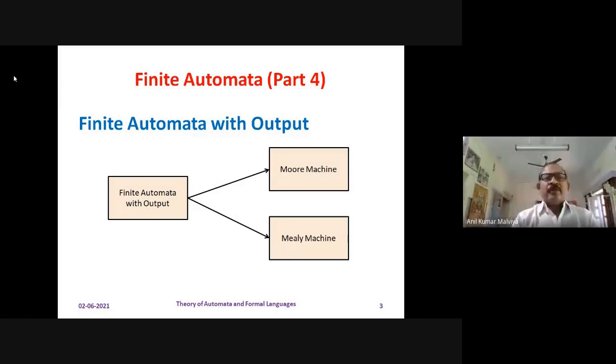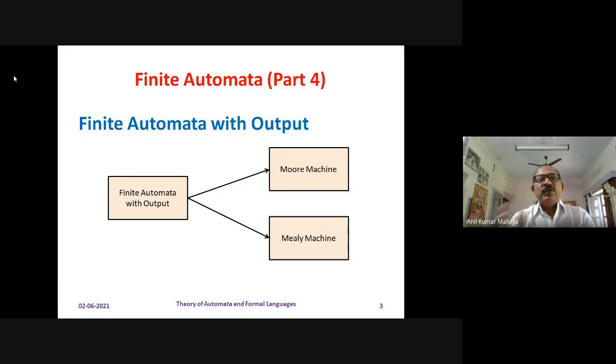The finite automata we have discussed so far have a binary output, that is, they accept a word or they do not accept the word.